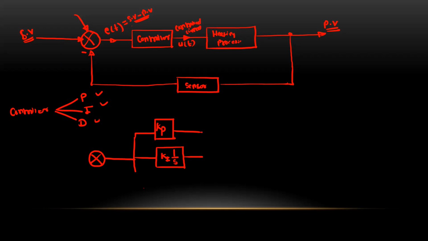And last we have the derivative. For the derivative, we have the gain Kd, the derivative constant. Ki is the integral constant and Kp is the proportional constant. Kd is multiplied by s, since in the Laplace domain, the derivative is represented as s. It will generate the derivative of the error signal.